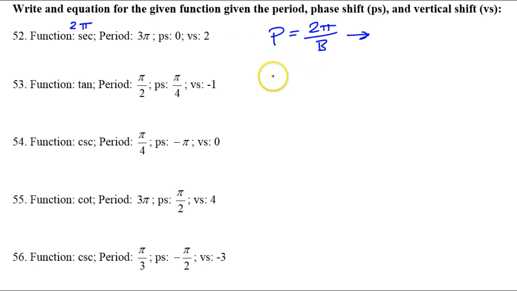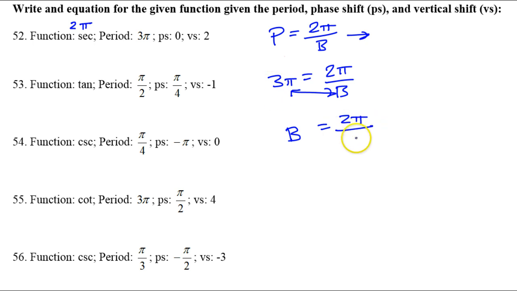So 3 pi is equal to 2 pi over b. The easiest way to solve this is to swap these out. The b comes over here, and the 3 pi goes in the bottom, and the pi's cancel each other out. So b is equal to 2/3.